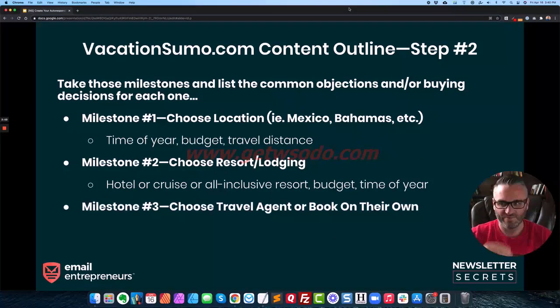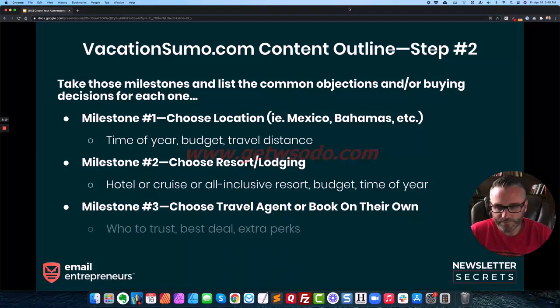And the last one is choosing a travel agent, or can they just book on their own? Again, who to trust is a big one here, especially if you're doing it on your own.